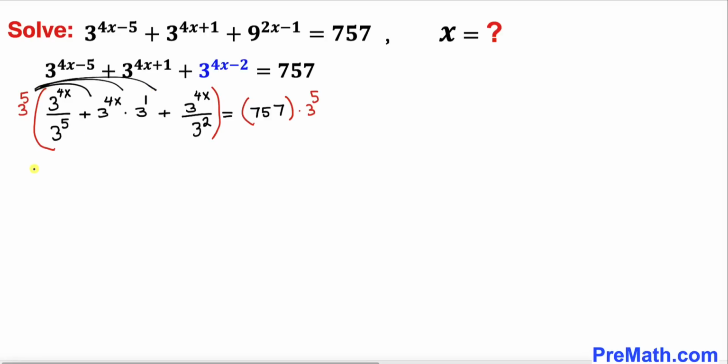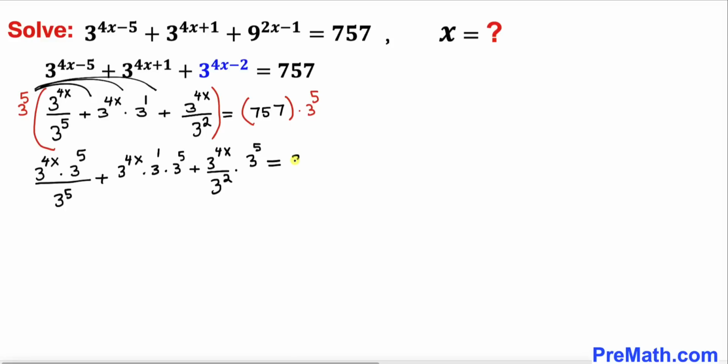So that is going to give us 3 power 4x times 3 power 5 divided by 3 power 5, plus likewise 3 power 4x times 3 power 1 times 3 power 5, and plus finally 3 power 4x divided by 3 power 2 times 3 power 5, equals, I'm going to leave this one as it is, 3 power 5, and then I'm going to write down 757 on the right hand side.